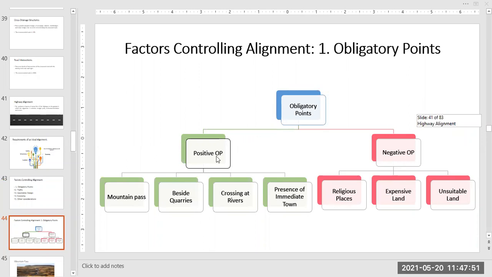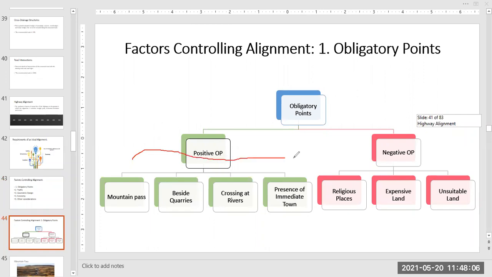So what are positive and what are negative? When our road should go through that point, it is called a positive obligatory point.